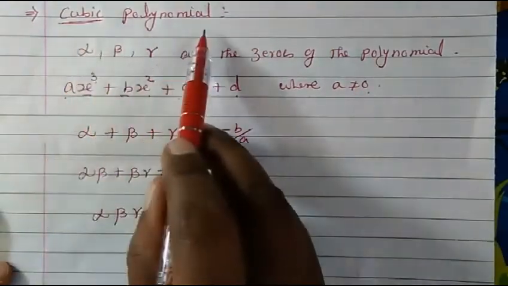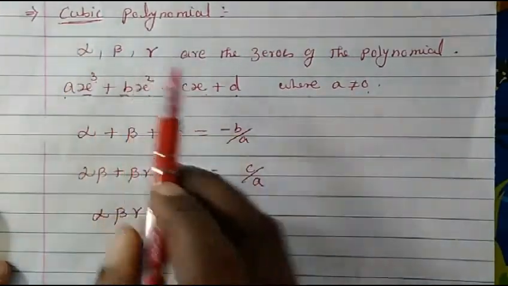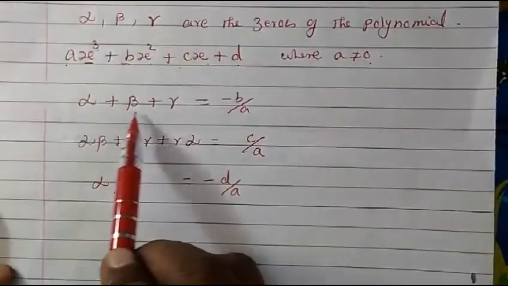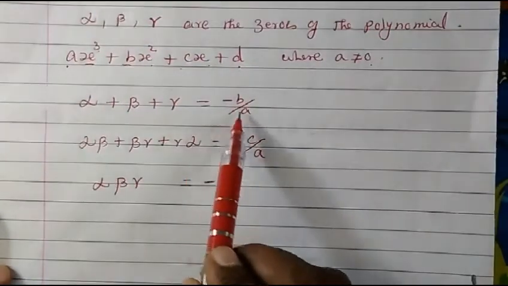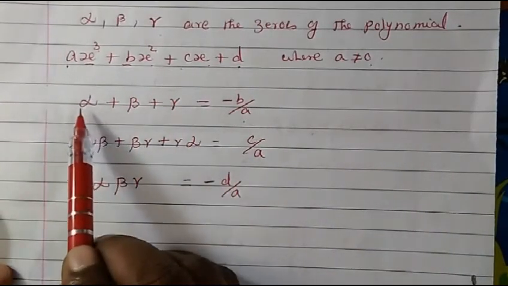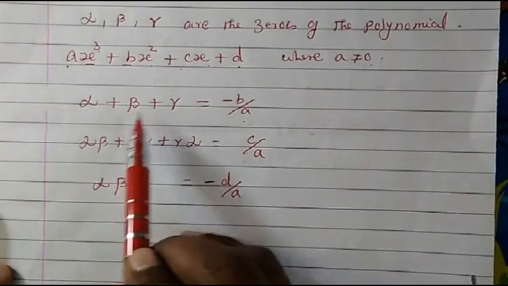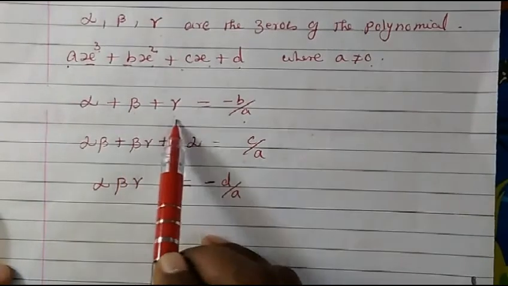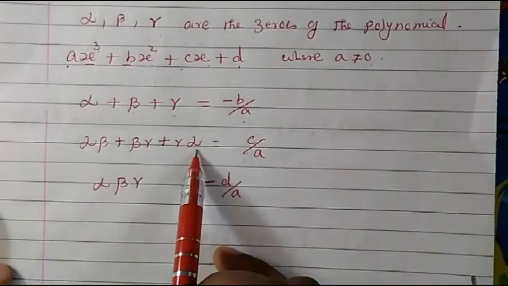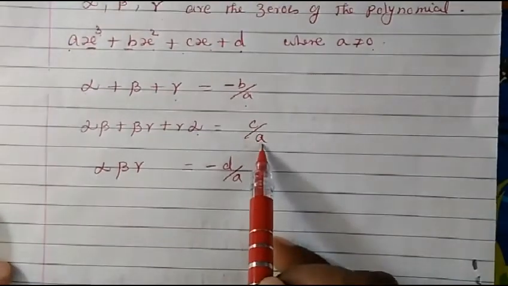What you have to remember is that for a cubic polynomial there will be 3 zeros. The sum of all 3 zeros will be equal to minus b upon a. Then alpha beta plus beta gamma plus gamma alpha, the sum of the products of zeros taken two at a time, will be c upon a.